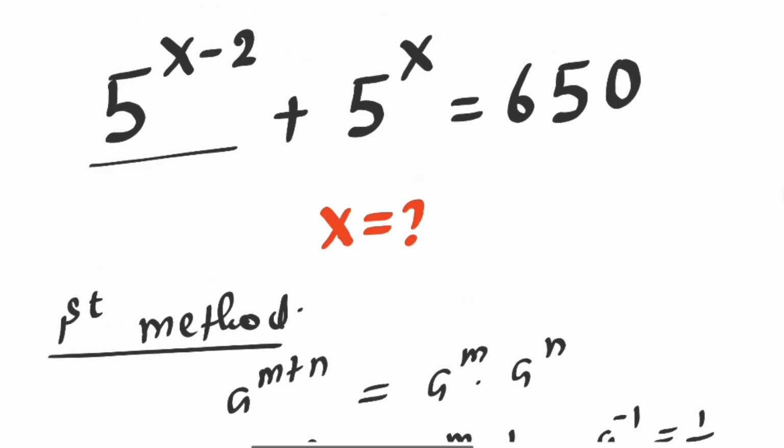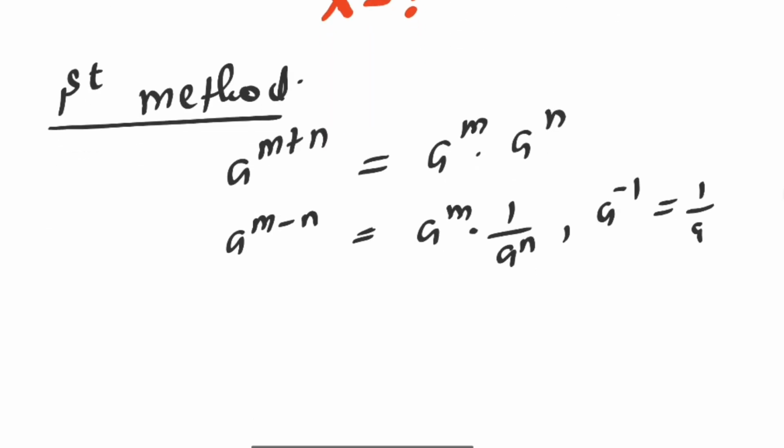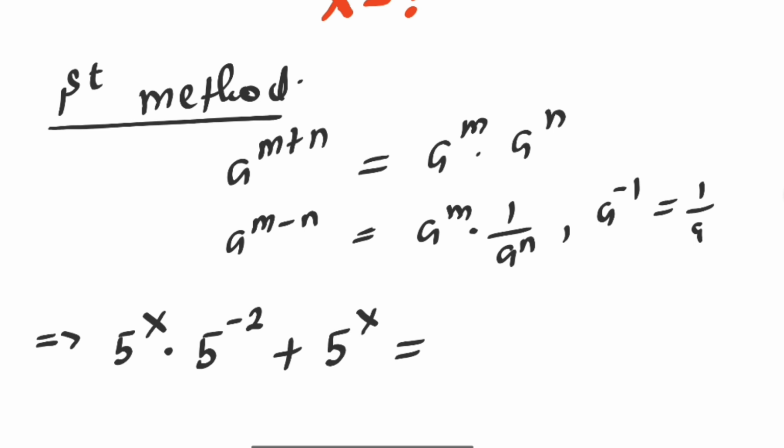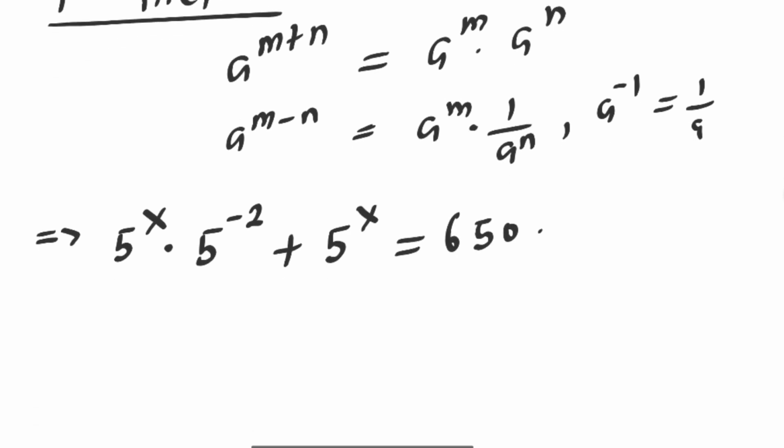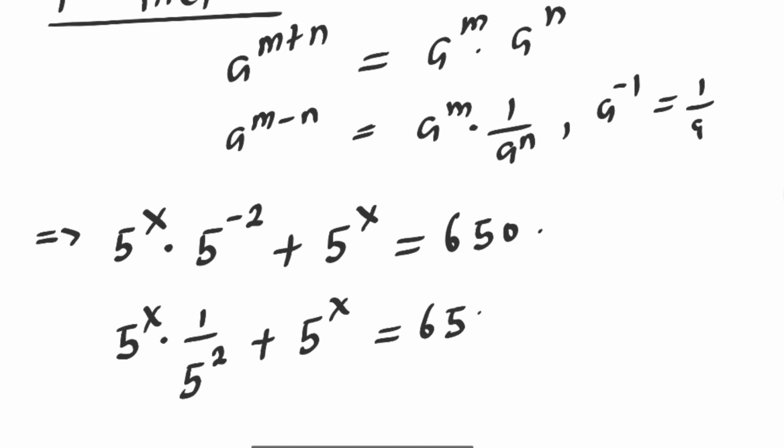Then this can be written as 5 raised to power s multiplied by 5 raised to power minus 2 plus 5 raised to power s is equal to 650. This is 5 raised to power s multiplied by 1 over 5 square plus 5 raised to power s is equal to 650.